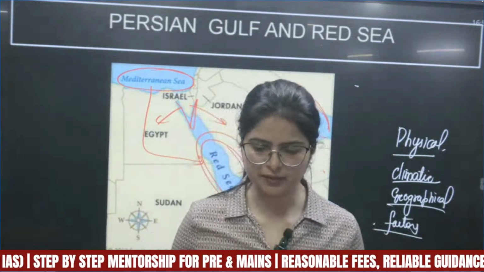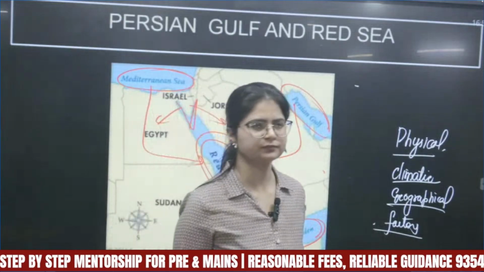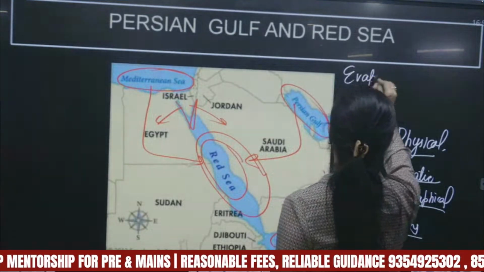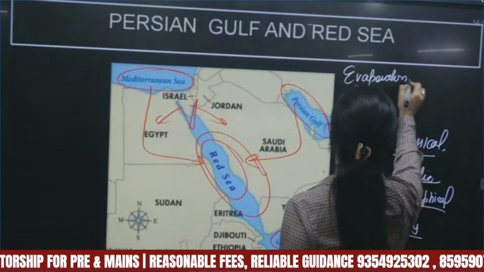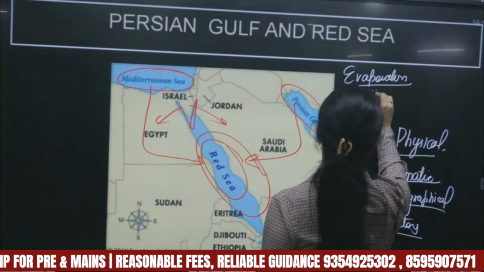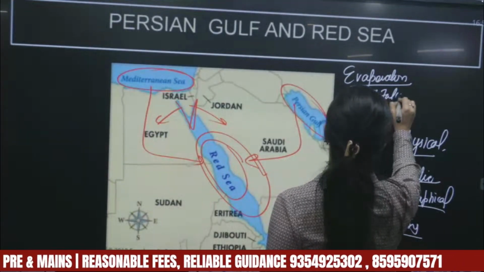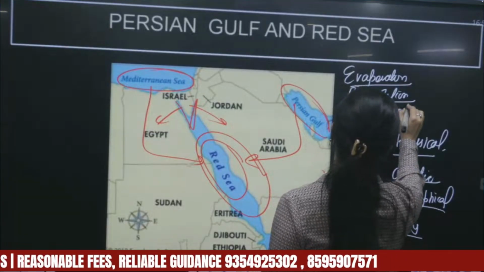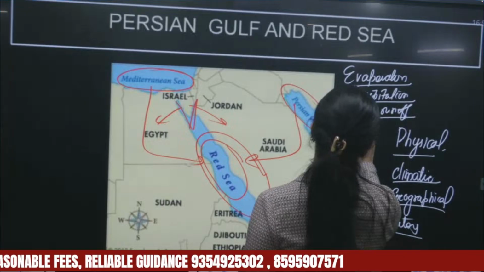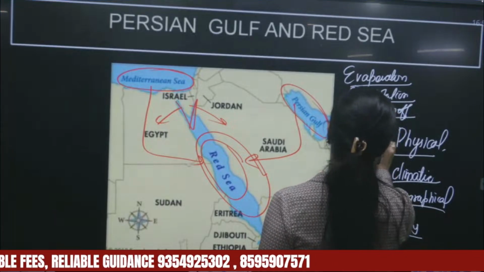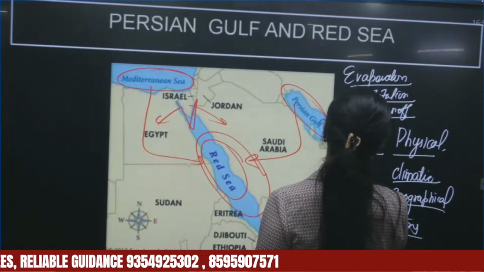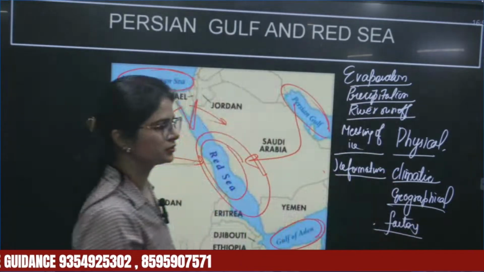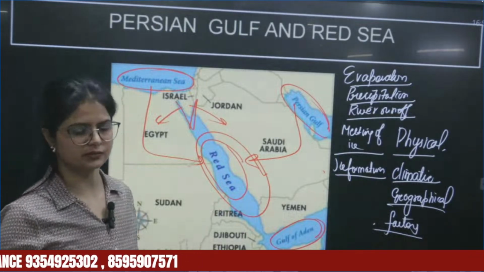Processes such as evaporation, precipitation, river runoff, melting of ice, and ice formation are the important factors.